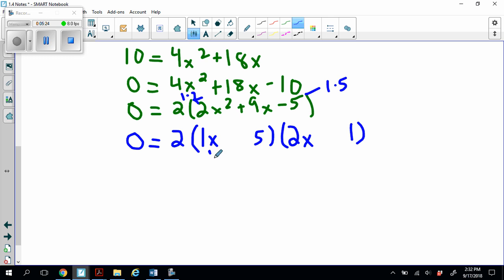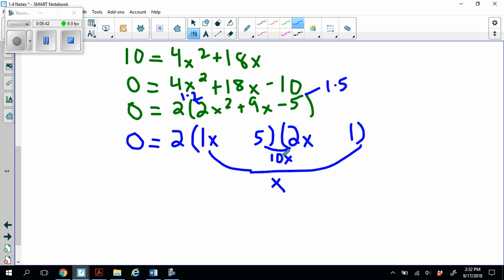Now remember we multiply the outer ones, right? So we do 1x times 1. We should get x. And then we do 5 times 2x. That should give us a 10x.